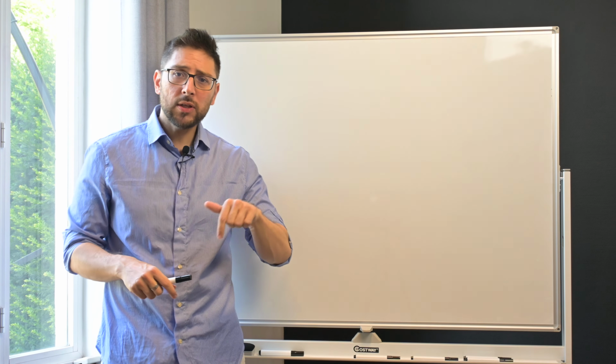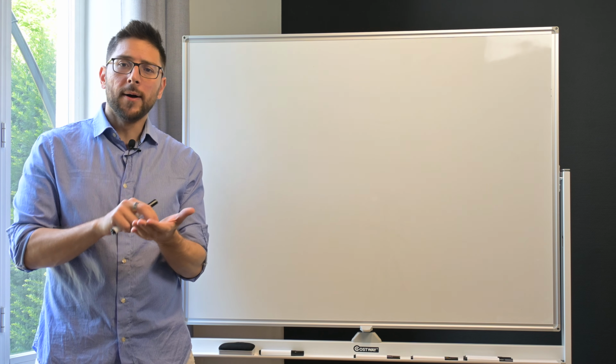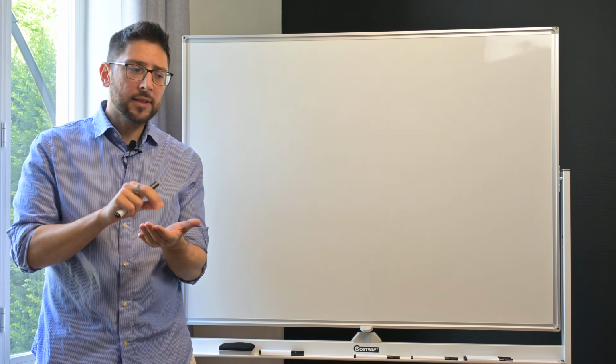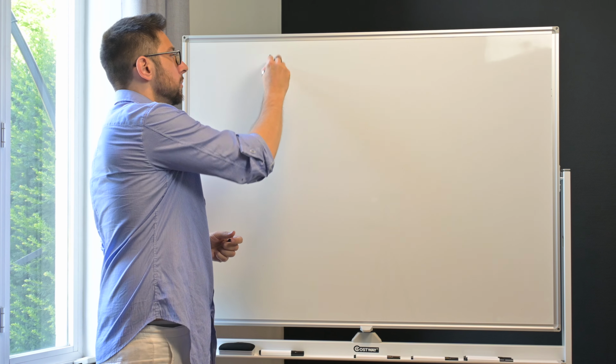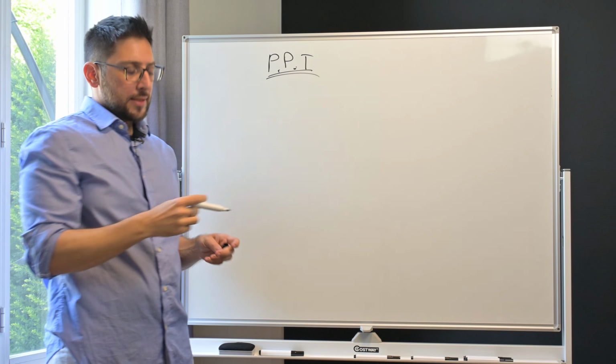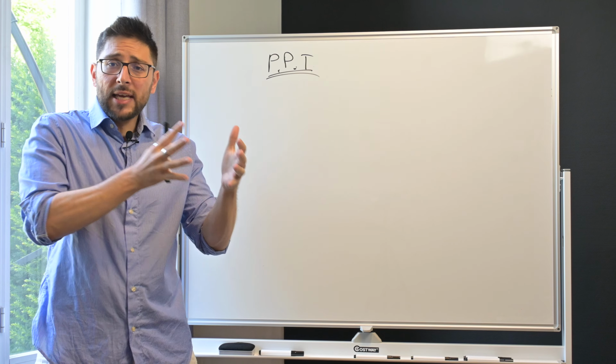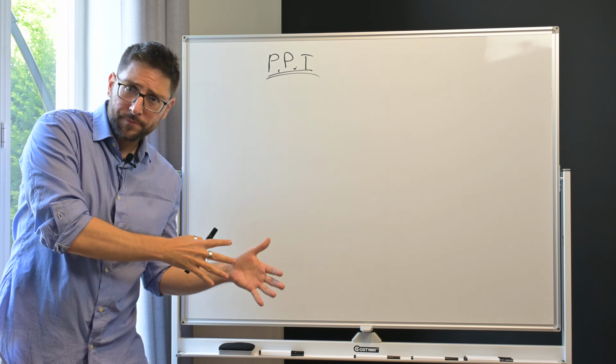Now, in this specific video today, I'm going to explain what exactly the principal purpose test, PPT, is, which is one of the six pillars of the anti-abuse rules categories. What does it mean?